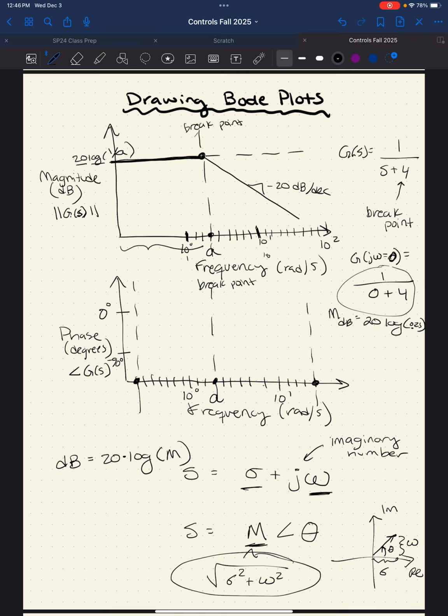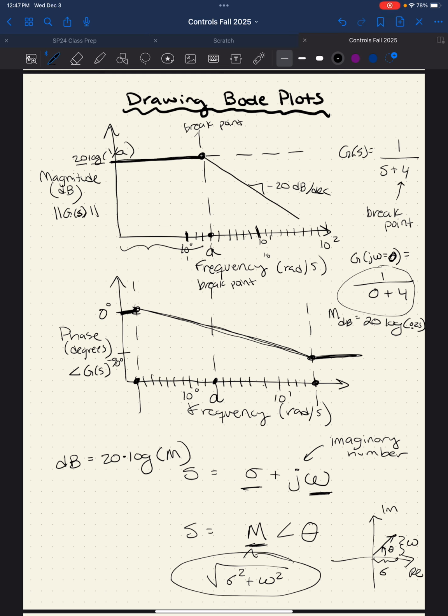To the left of the furthest line, that's where I'm at 0. To the right of the furthest line, I'm at minus 90. And in between, I have a nearly constant slope. That's it.